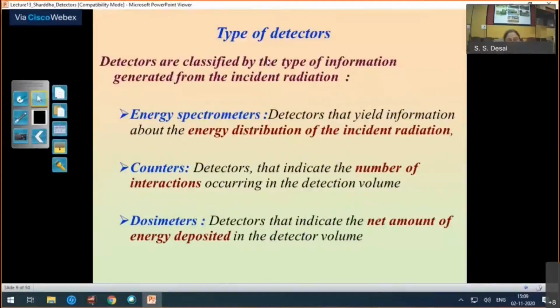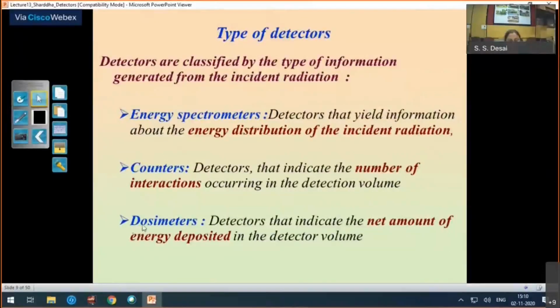Whatever output we get from a detector can give us three different types of information. Either it can reflect the complete energy of the incident radiation, which is only possible for direct ionizing detectors or the photoelectric effect, as used for X-rays or gamma, but not for neutrons. Counters count only the number of interactions, or the number of incoming radiations falling on the detector.